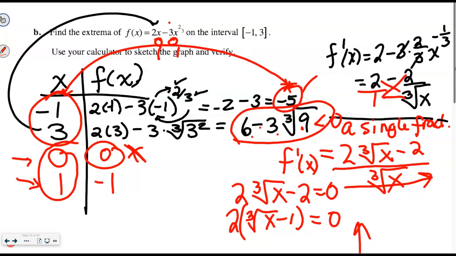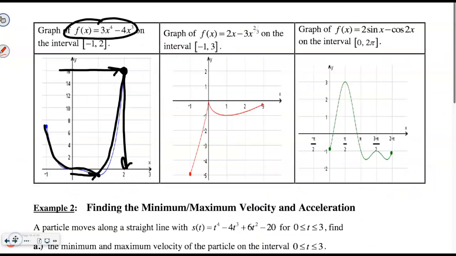And then you'd say an absolute max of 0 at 0. I'll show you the graph of that while you're writing it out. I'll page ahead here. That's this second graph. Here's our absolute max of 0 at 0. And here's our absolute min of negative 5 at negative 1. Make sense? We good? All right.